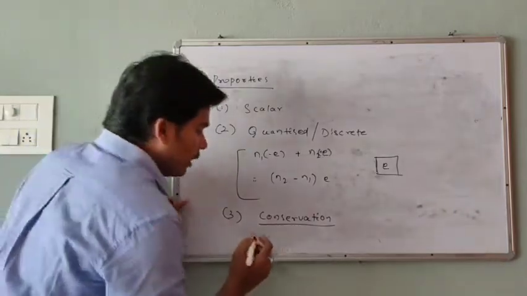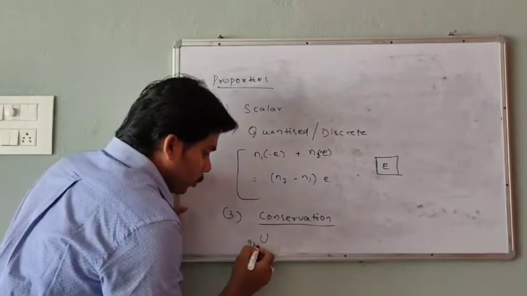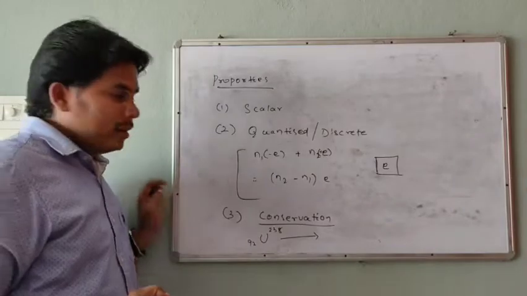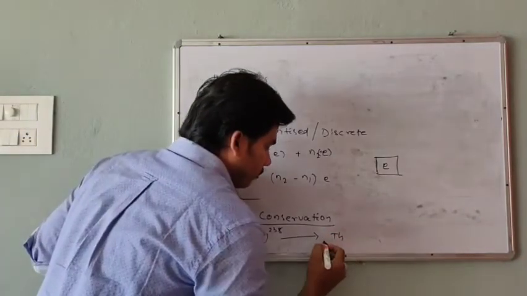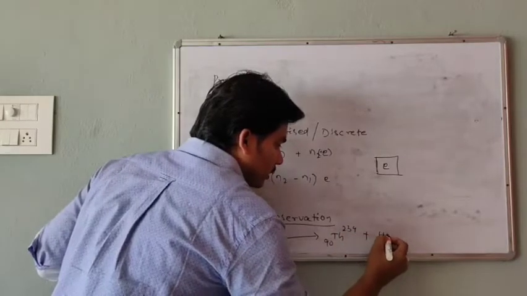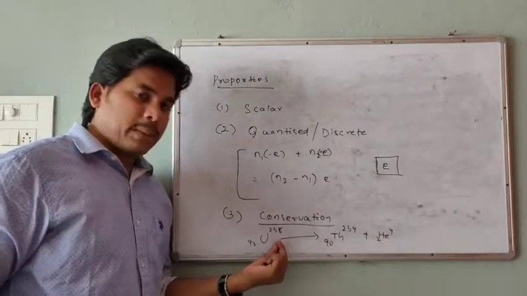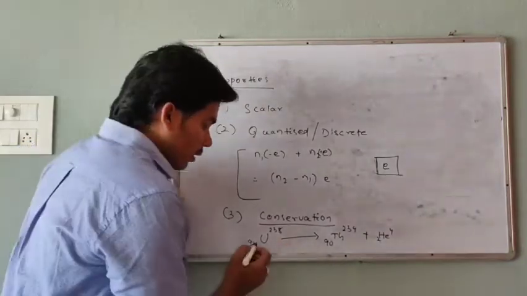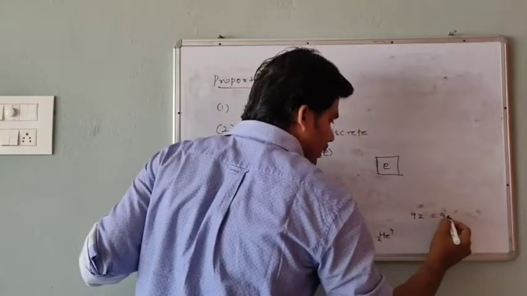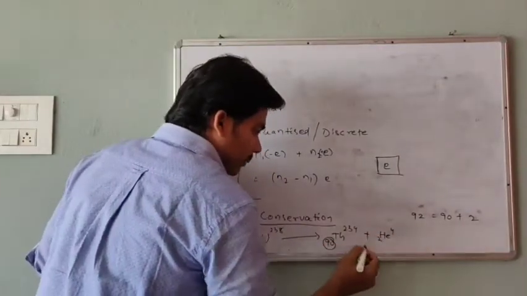Let us take the example of uranium. Here uranium 92, 238, in radioactivity releases thorium 90, 234. In addition to this, an alpha particle is released. In this decay process, the total number of charges balances: 92 equals 90 plus 2.